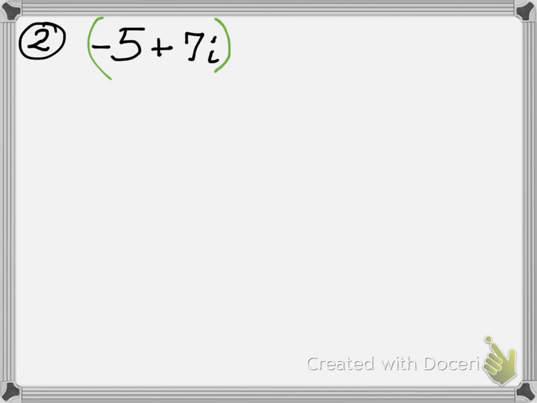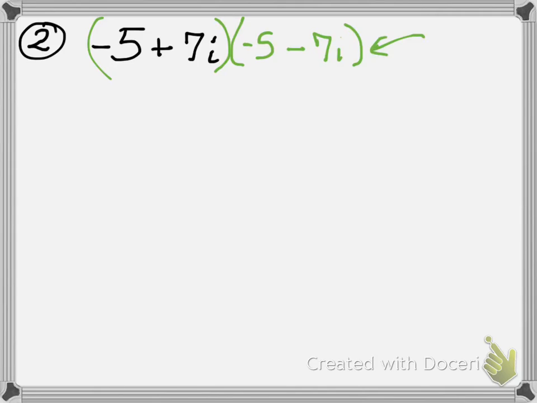Let's do a couple more examples. If I give you -5 plus 7i, we're still going to have to find the conjugate pair. So again, in green, I'm going to write the conjugate pair: the two terms written down, the last one changing its sign.